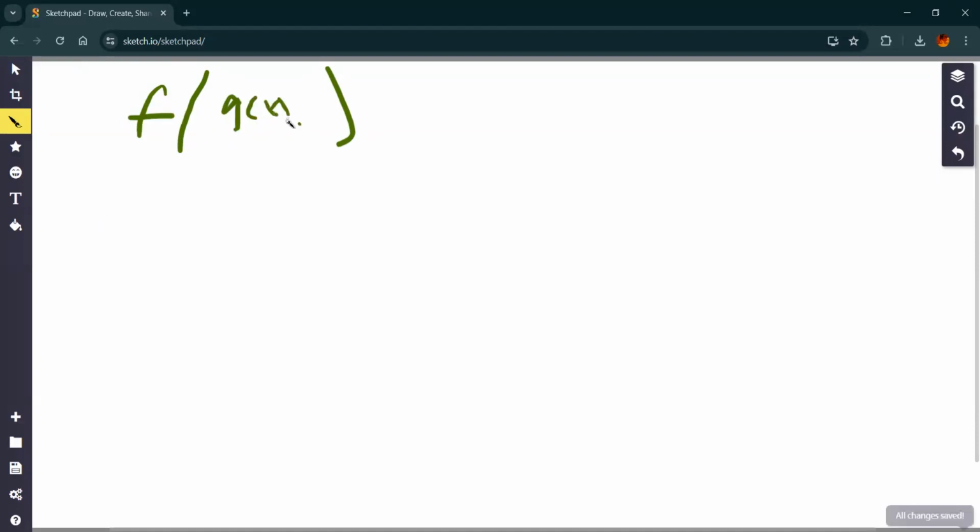You put the y of one into the x of the other, and vice versa. If you do that, it should equal the same thing in both. That's how we can prove that it is an inverse function.